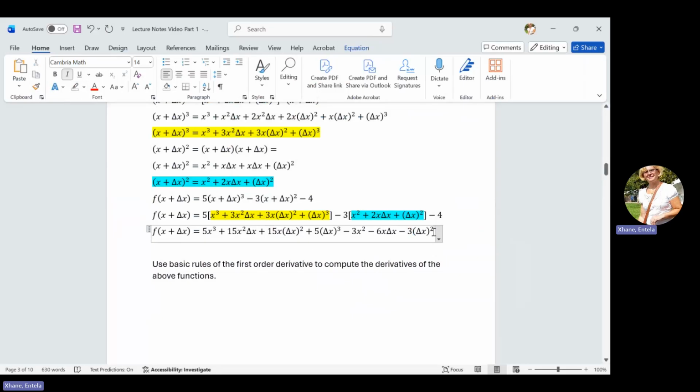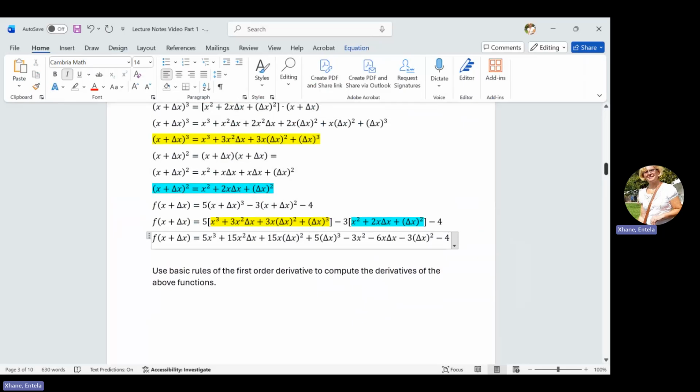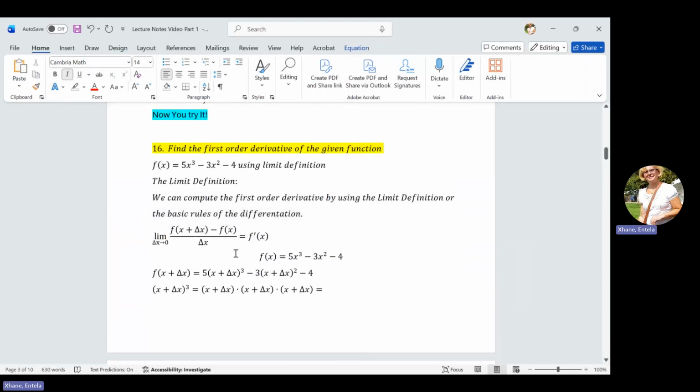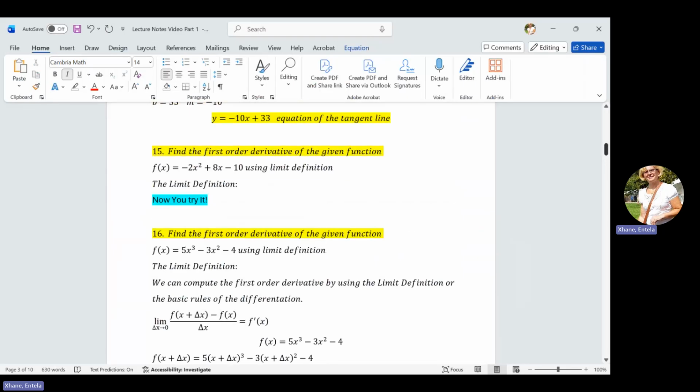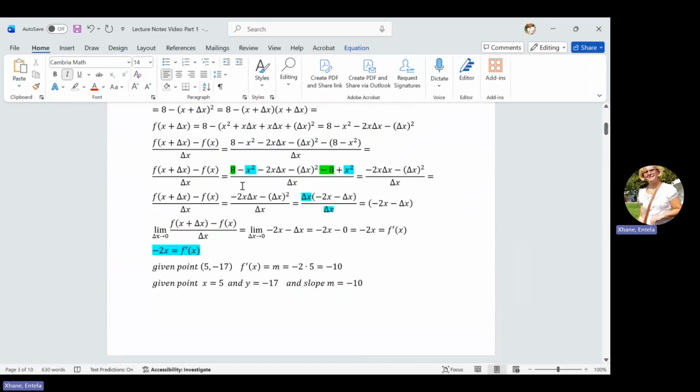And then we finalize with minus 4. So this entire expression is f of x plus delta x. Now, where this long expression will be plugged in, this will be plugged in the ratio of f of x plus delta x minus f of x over delta x.